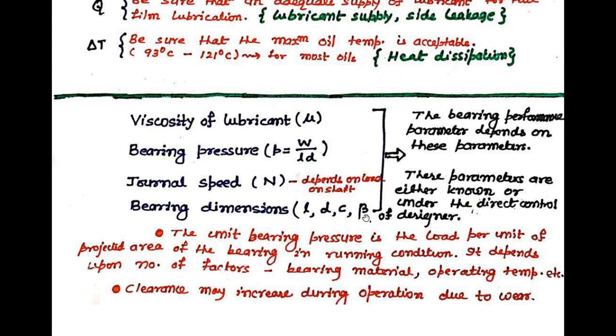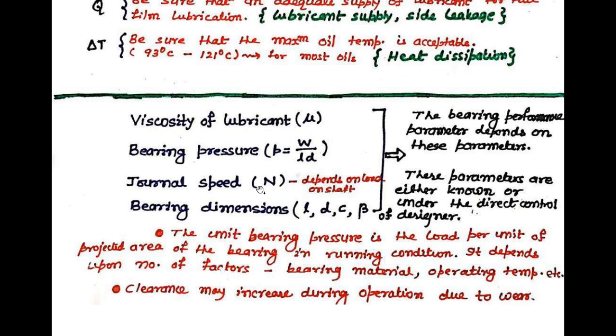Beta defines whether it is a full journal bearing or partial journal bearing. If the value of beta is 360 degree, then it is the full journal bearing. If it is 120 degree, then it is the partial journal bearing. So these are another set of parameters. The designer works directly on these parameters only.